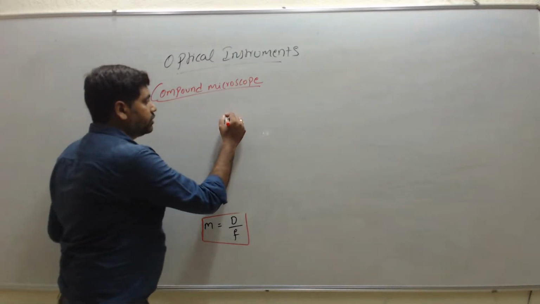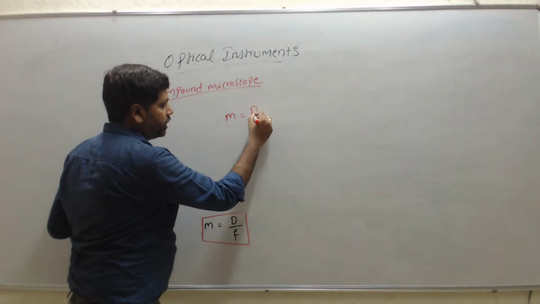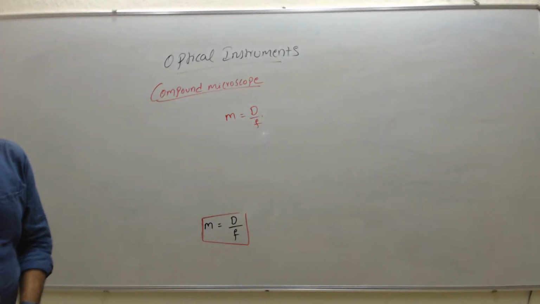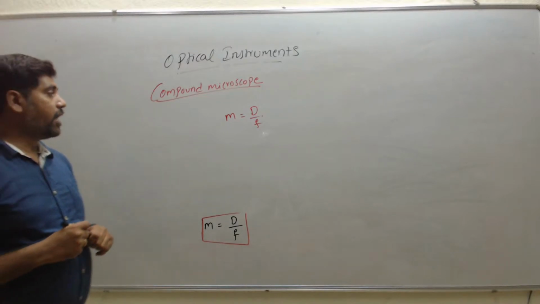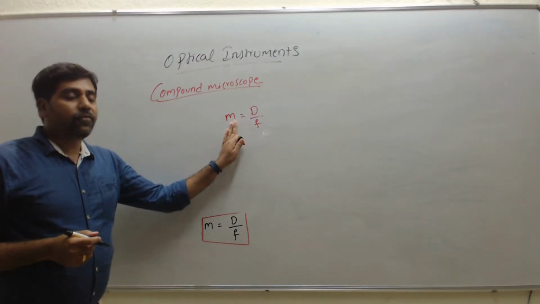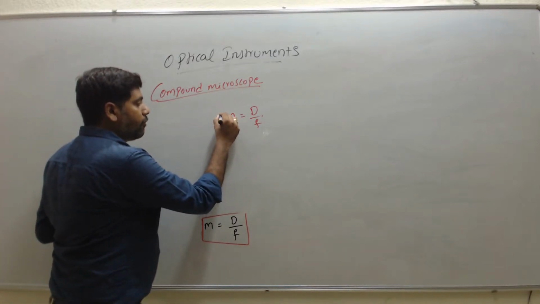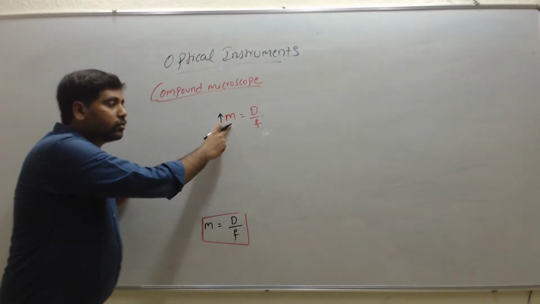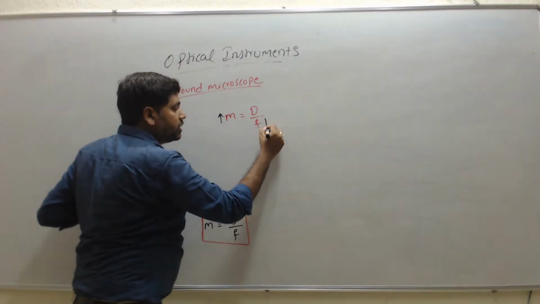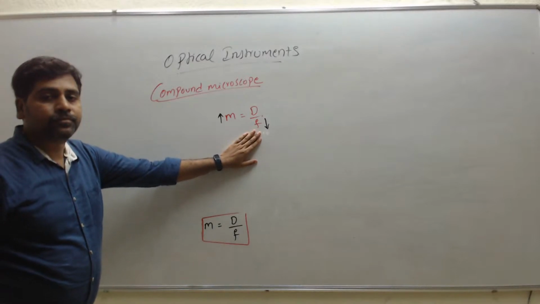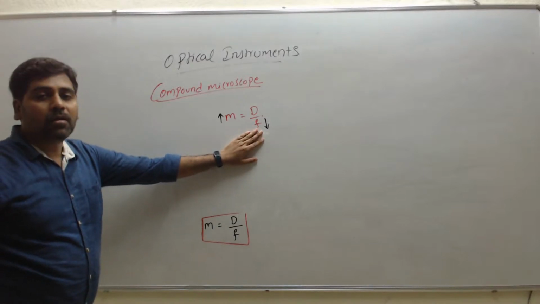From the relation m equals d by f, to increase the magnifying power of the simple microscope, we have to decrease the focal length of the convex lens.